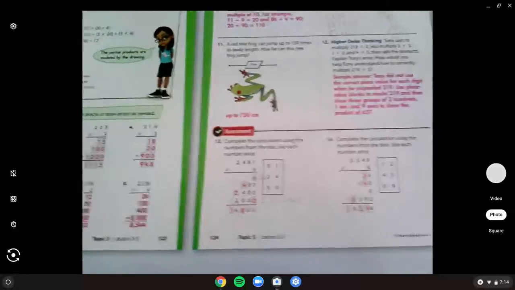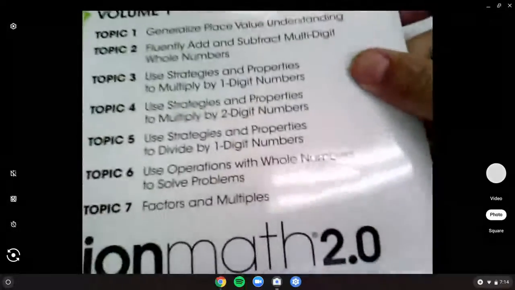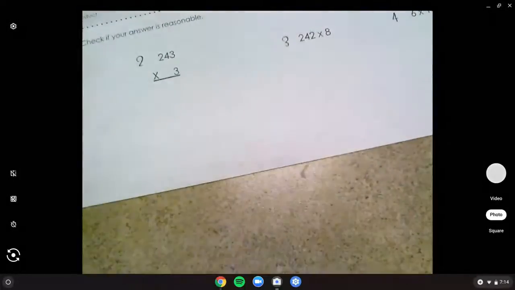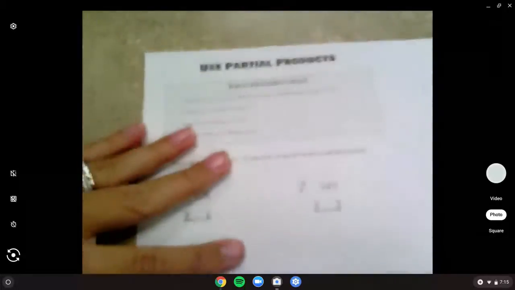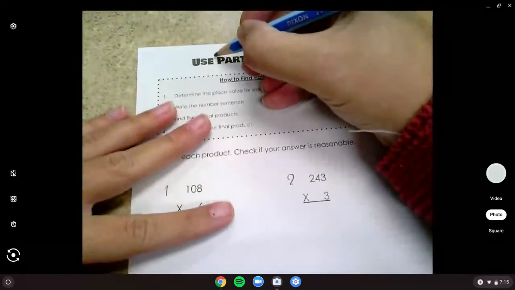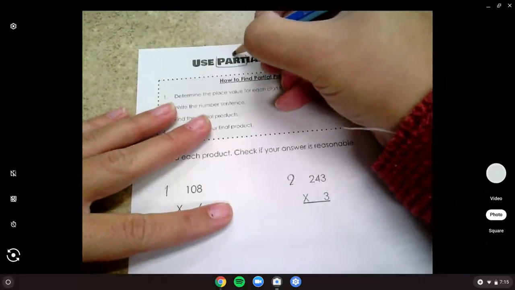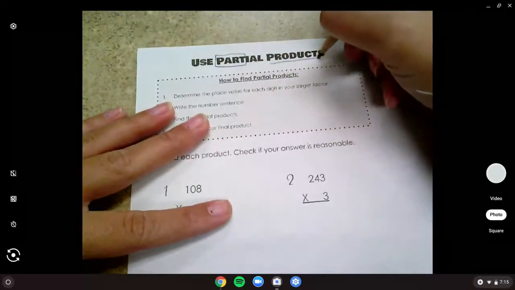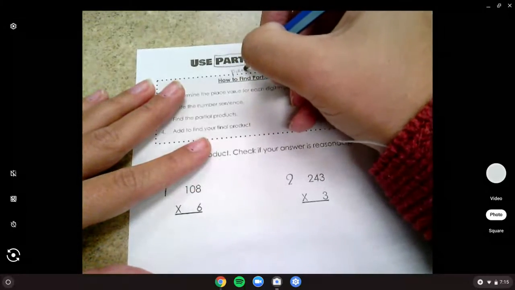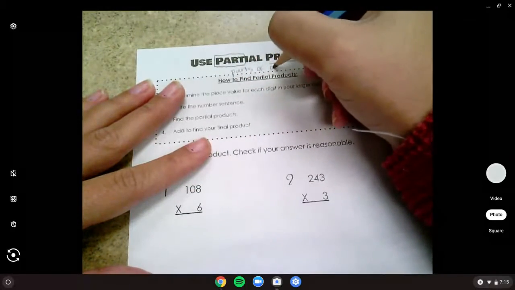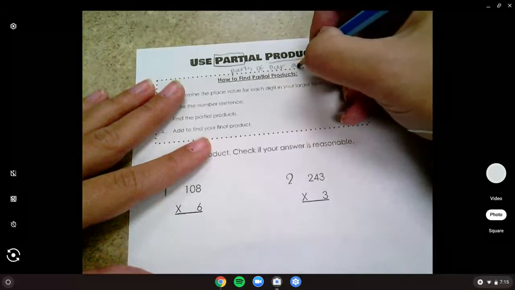Now, today, what we're going to do is keep practicing using those partial products. Remember, partial products mean part of your product, so parts of our answer.